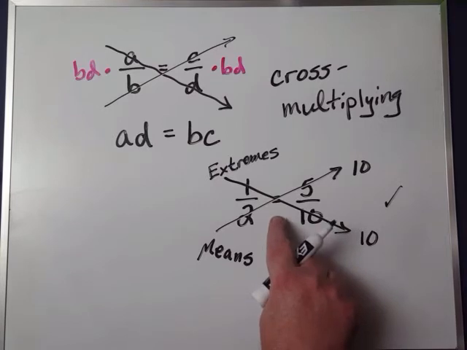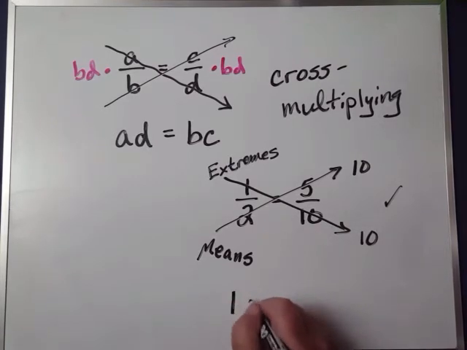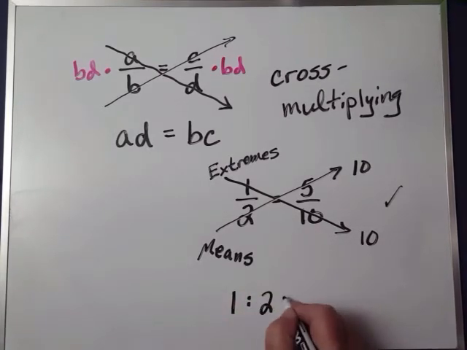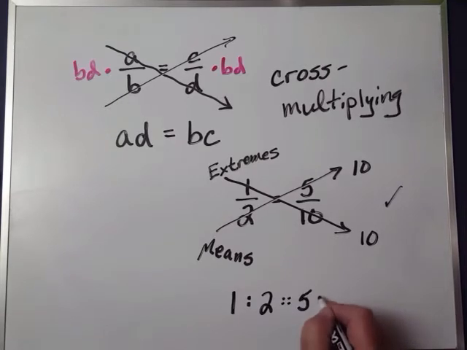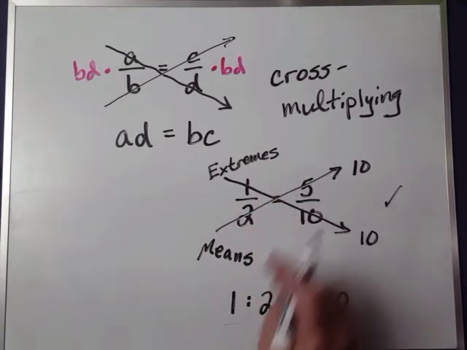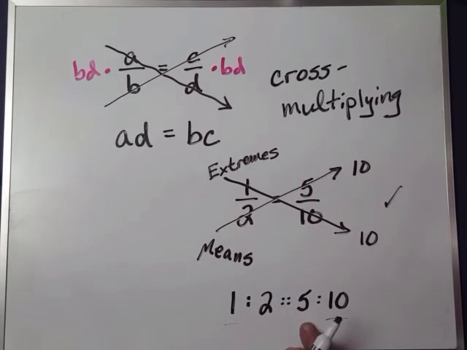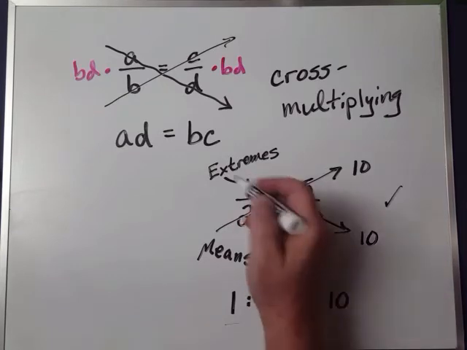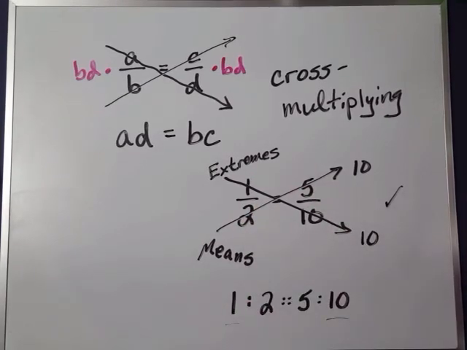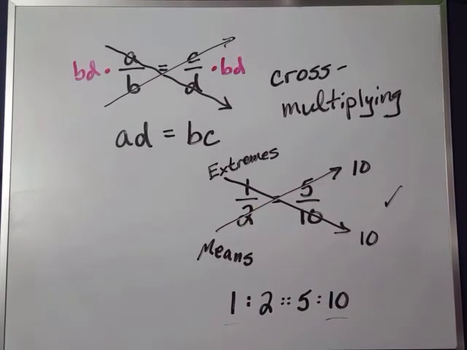And if I were to write this like 1 is to 2 as 5 is to 10, you can see why I call the 1 and the 10 the extremes. Those are the outsides. The 2 and the 5, the ones in the middle. So we say the product of the extremes equals the product of the means. We have this in a brown box, page 154.